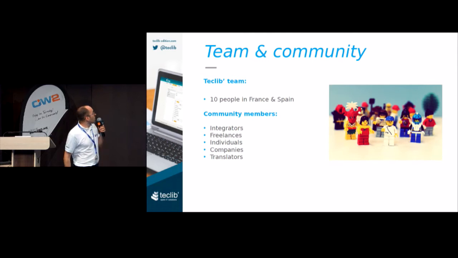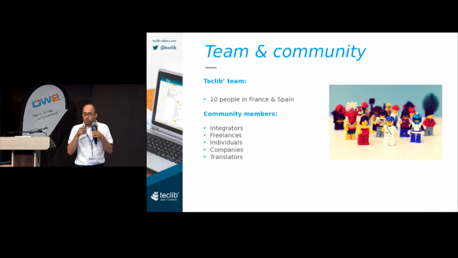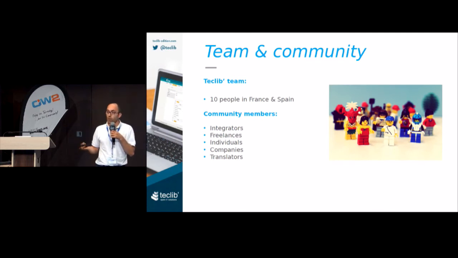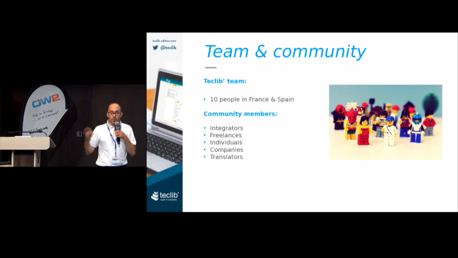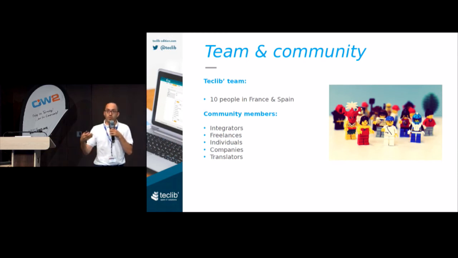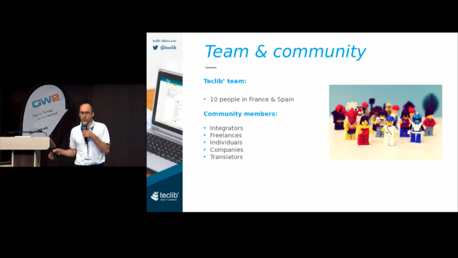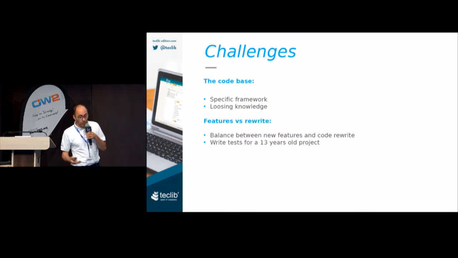At Teclib, the team is 10 people in France and Spain, and the community is made up of various kinds of people: integrators who are doing projects for their customers, freelancers, individuals, and some companies that are users and have their own developers, and they contribute to what is important for them. And of course, translators, as the project is translated into about 45 different languages on Transifex. Well, the challenges, this is where it becomes interesting.